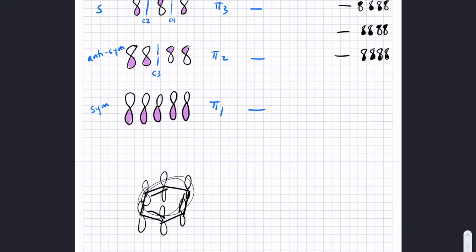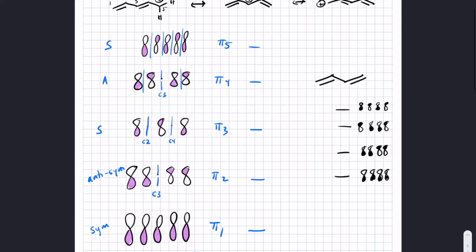In chapter 16, in 352, you will learn about the special stability you get from that. It's called aromaticity, and it's really cool, but I'm going to punt until then.